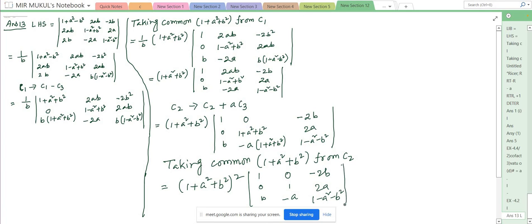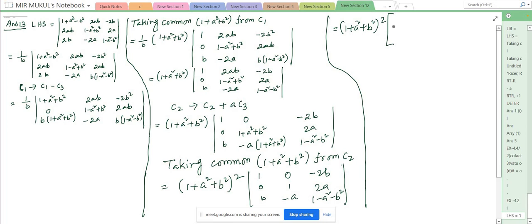Now for the third factor, just break it open. So here 1 plus a square plus b square whole square we got. Now break 1 into minor of 1.